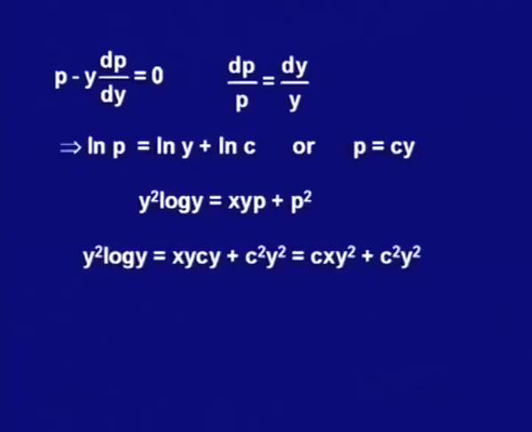Y square log y is equal to x y, p is cy, and p square, c square y square, what we do get is c x y square plus c square y square, or we are getting in other words, that is simplification, log y is equal to c x plus c square.